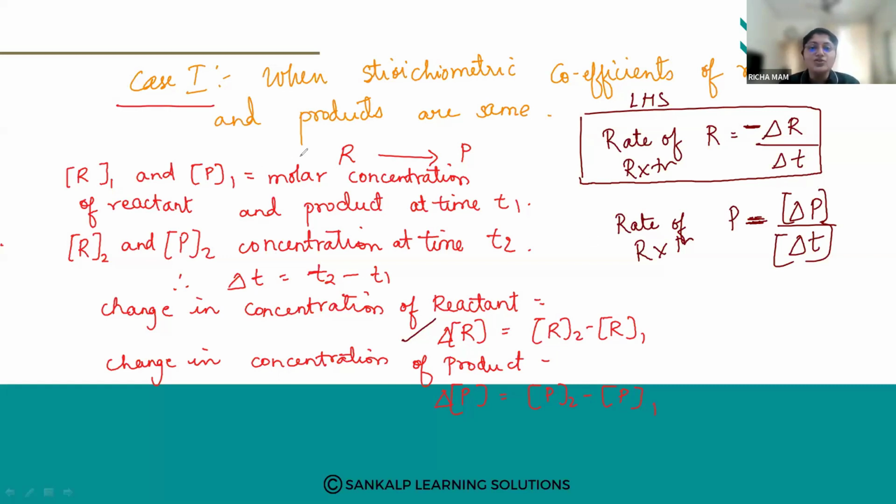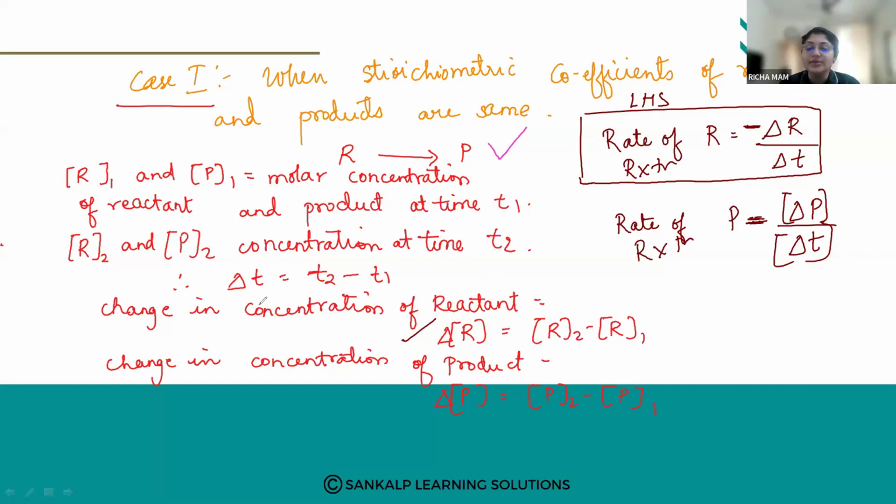So what we have seen is a chemical reaction proceeding from R to P, that is from reactant to product. Let R1 and P1 be the molar concentration of reactant and product at time T1, and R2 and P2 the concentration at time T2.